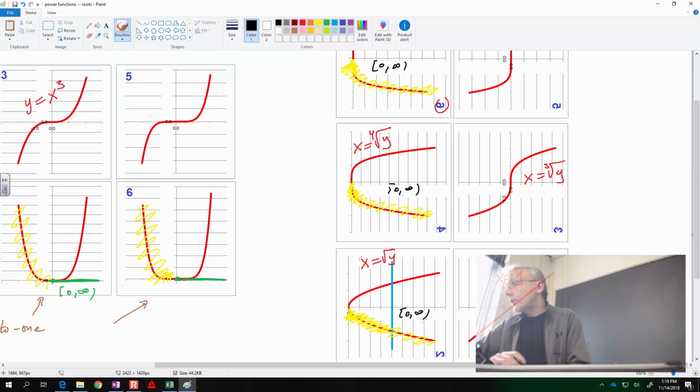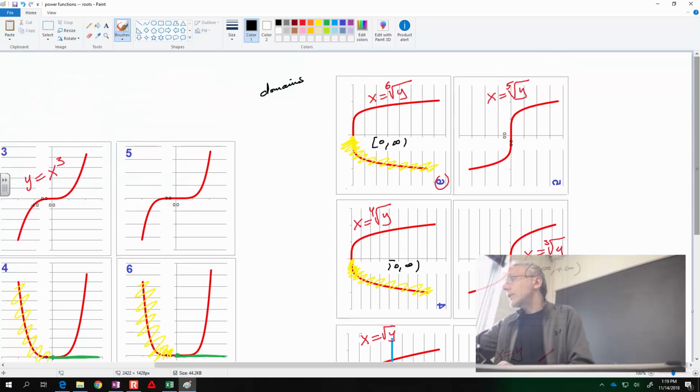But for the odd roots, it is everything. So there are no restrictions this time. The same thing actually happens with the ranges. So the domain is non-negative numbers. The range is non-negative numbers too. That is for even powers, which also happen to be even functions. Originally, they were even functions. They are not anymore.